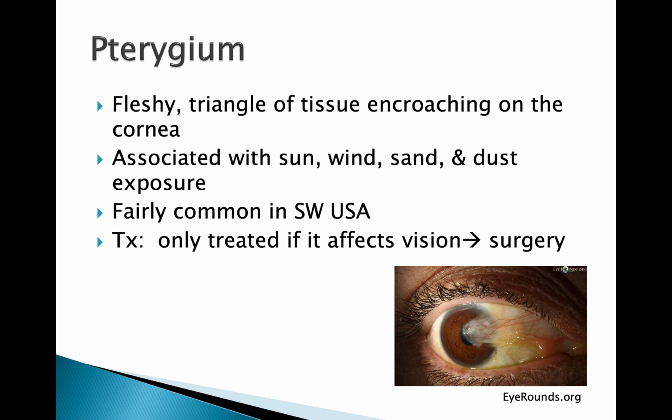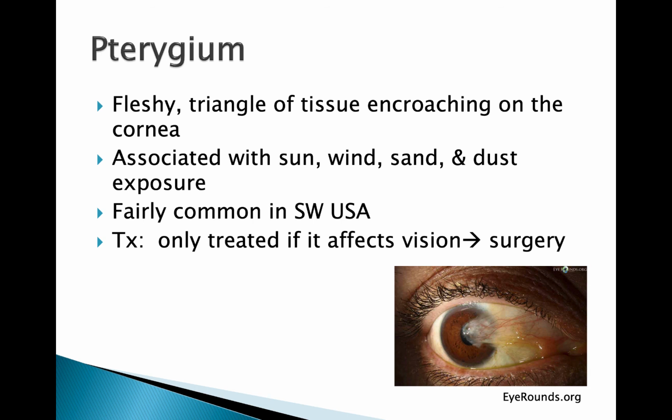It's typically associated with wind, sun, sand, and dust exposure, and it's fairly common in the Southwest United States. Treatment, you only treat it if it starts to affect the visual acuity and it's encroaching on the cornea like you see in the picture below. And many times, even if you remove this tissue as it has encroached on the cornea, a lot of times it will come back.